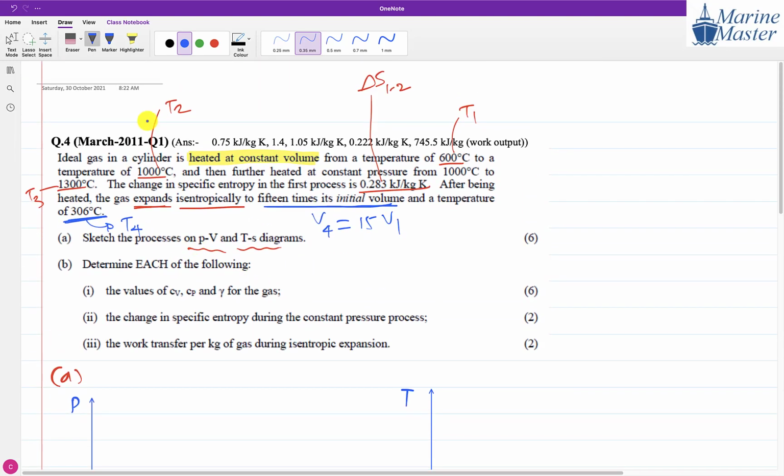And if you remember what they are asking us: Cv, Cp, gamma, and add one extra part here, R. Nowadays they are asking R also.